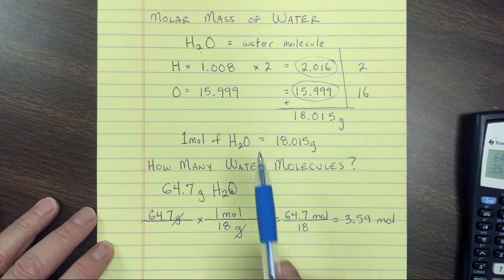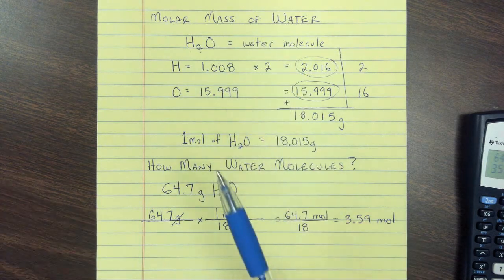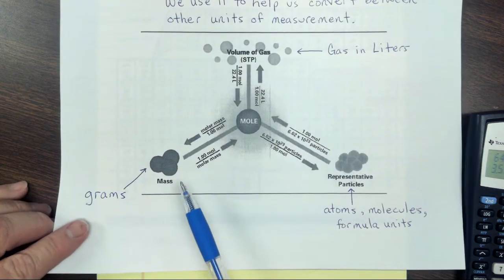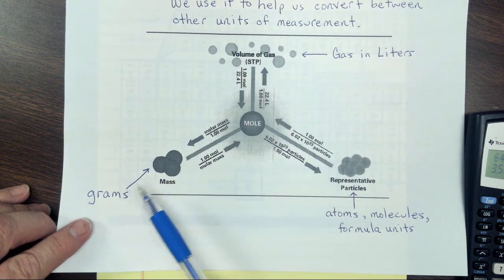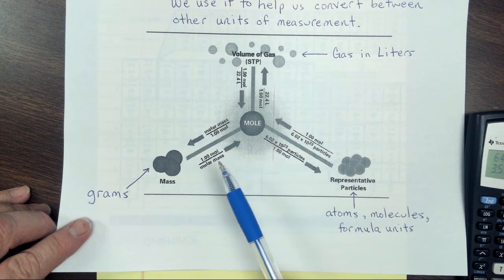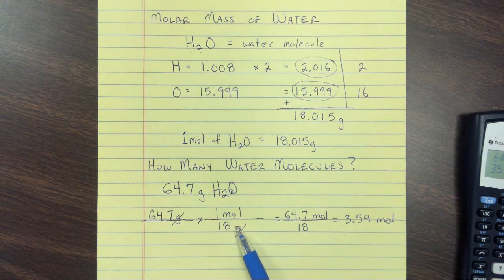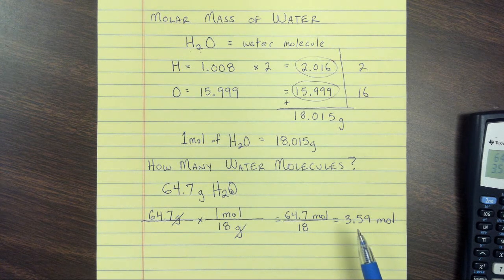It's not difficult. You just find the molar mass, and then you use your chart to say, well, which way am I going? I happen to be going from grams to moles. And I used that molar mass information right there in my fraction. And you can see the math works out, 3.59 moles.